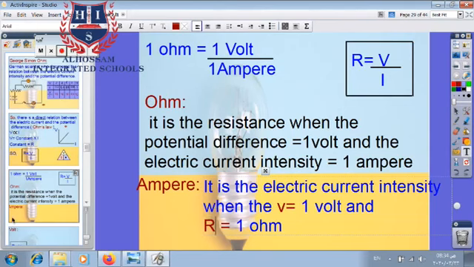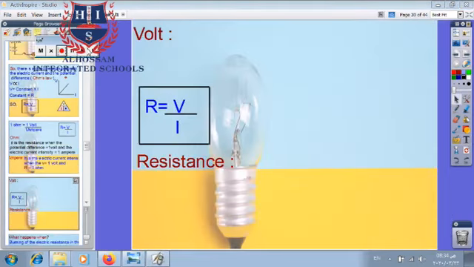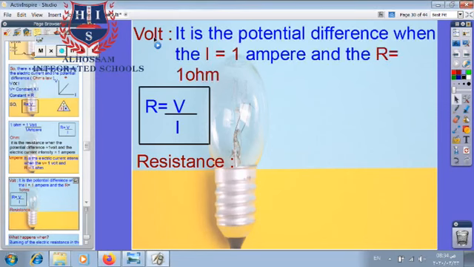Can you define ampere from the rule? Ampere, measuring unit of what? Electric current intensity. So it is the electric current intensity when V, which is the potential difference, equals 1 volt and the resistance equals 1 ohm.